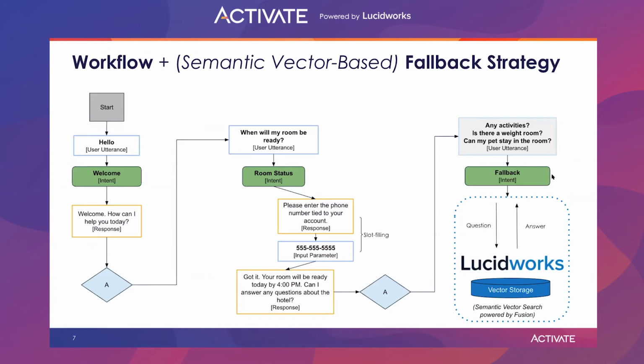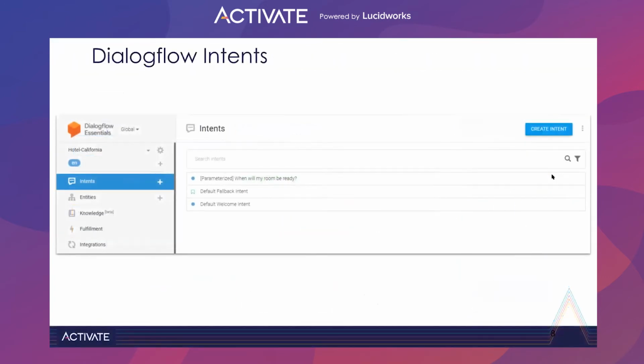So let's walk through a live example. And before we do that, I'll just show you, this is Google Dialogflow that we'll be using. I just took a quick screen capture of it. And one thing to notice is that very few intents are used for this. So I have a welcome intent when someone says, hi, hello there. I have a fallback intent, which is going to be encoding that query with our vector-based model and then doing that kind of nearest neighbor or proximity search inside of our vector-based storage layer.